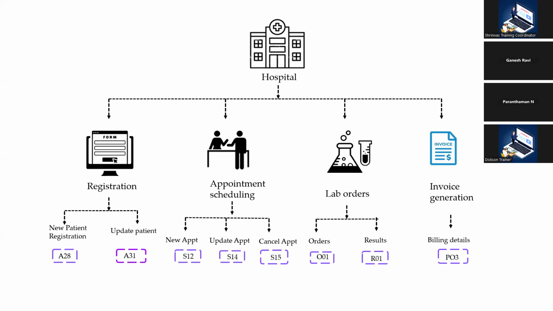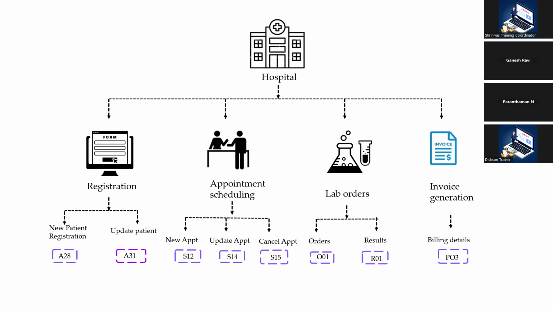This is called the trigger event. Earlier we saw that the broader category registration is ADT, and then we have new patient registration under ADT, which is represented as ADT A28. And then you have update patient information, which is represented as A31.